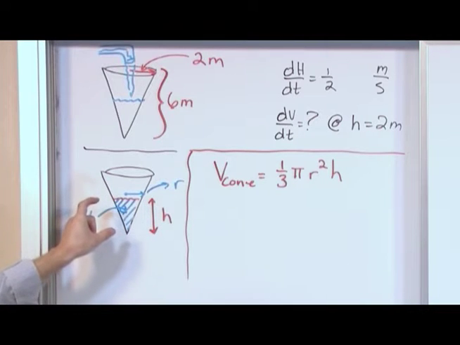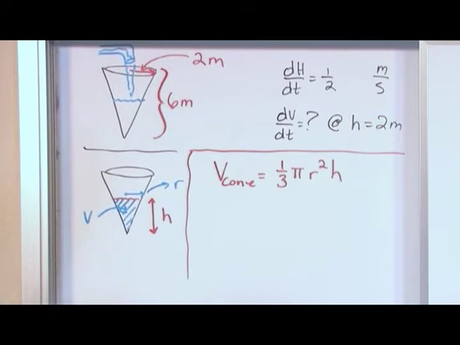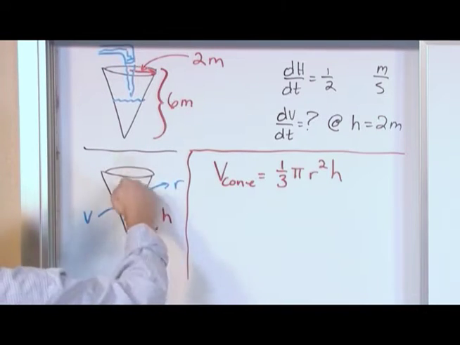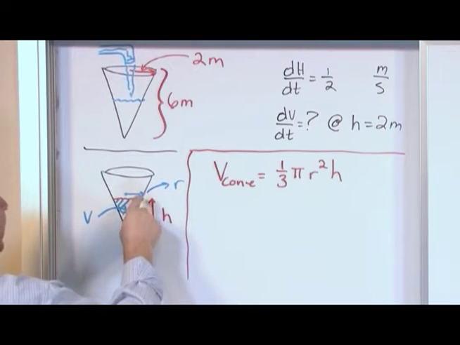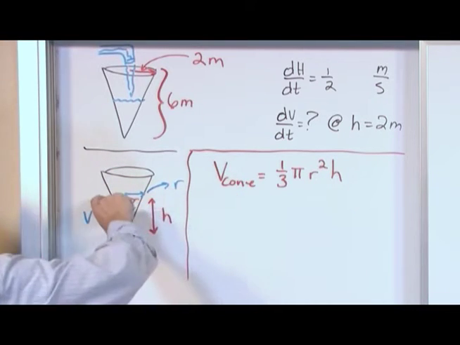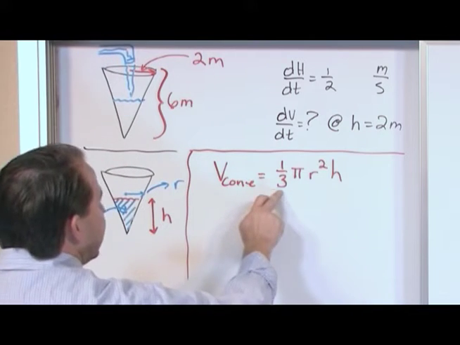That's what we're after, because that's what's changing. The volume of the giant cone isn't changing at all. What we're looking at is how fast the volume of this water is changing as we pour the water in. So when I say V cone, I'm talking about the volume of this water element down here at the bottom. All right? So ultimately, what we want to do is take the derivative of this.